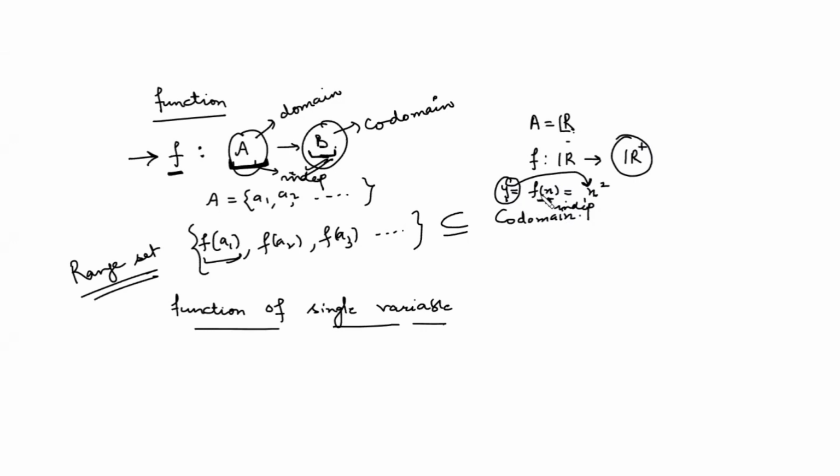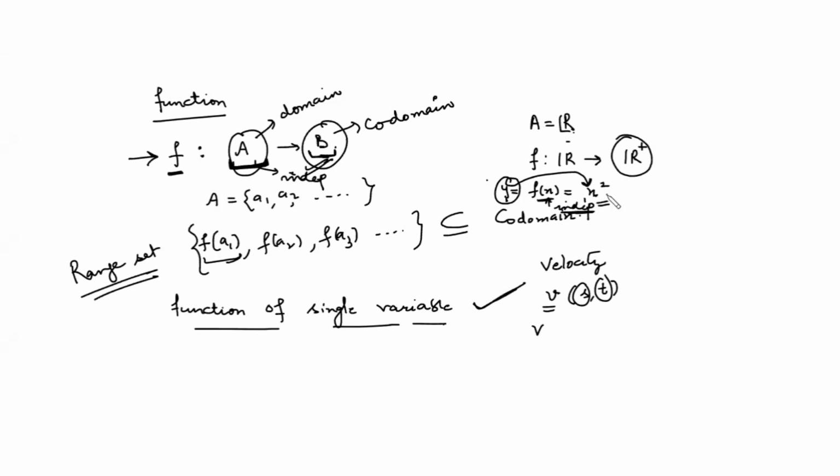If your function depends on a single independent variable, then that function is said to be a function of single variable, because it depends on only one variable, and that is x. Can you give any example of a function which depends on a single variable? Can you think of that?